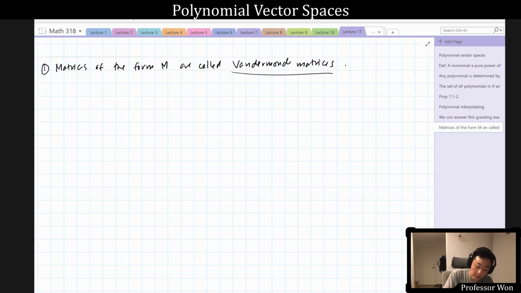Okay, the second comment is one that we made already, which is if M is strictly less than D plus 1. In other words, if you have more columns than rows, then if there's a solution, there will be infinitely many solutions because you'd have a free variable. Then if MF equals B has a solution, it will have infinitely many solutions.